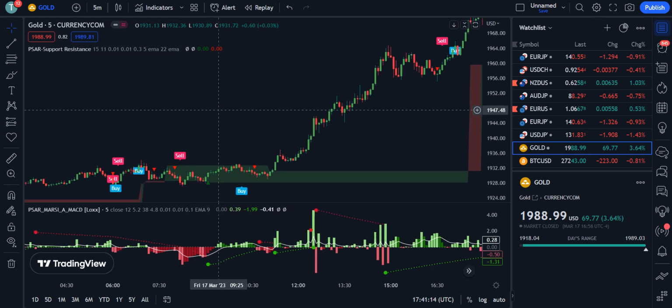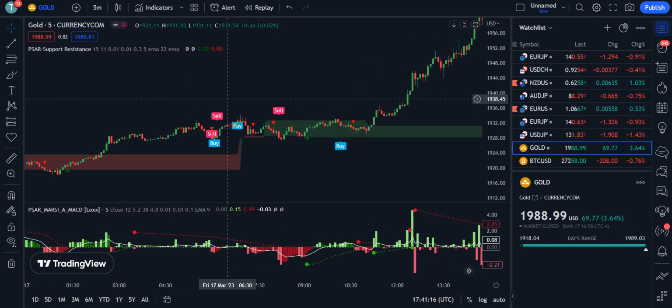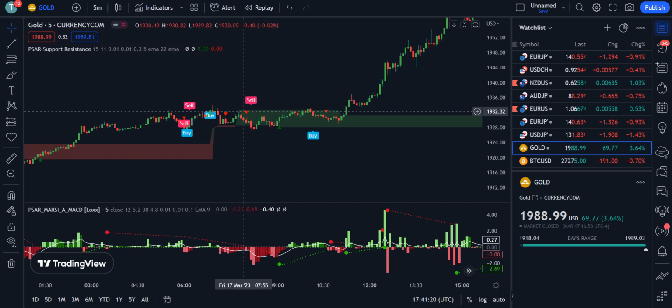Conversely, if the PSAR support and resistance gives a sell signal, we look towards our PSAR Marcy AMACD, which has to give red color candles below the zero level. We have to see that our market is making red color candles, and then we take entry for our sell position or bearish signal.